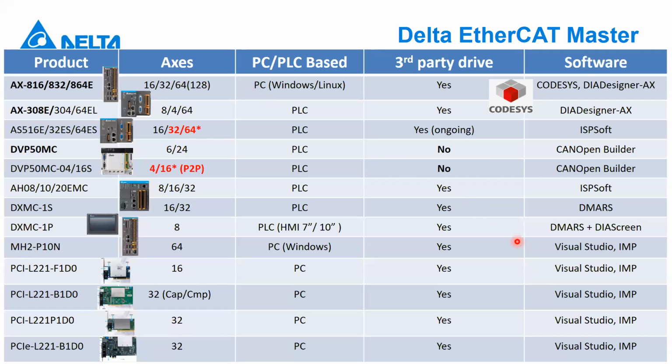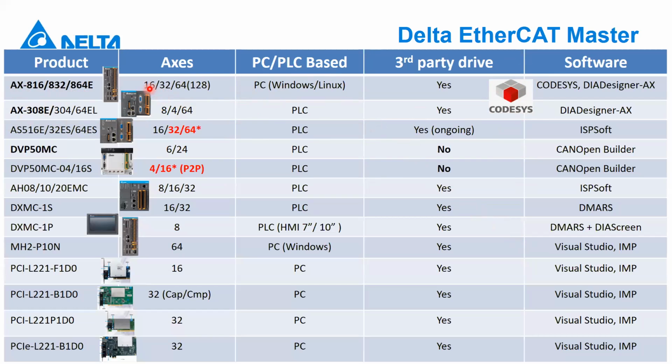Okay, then this page will show you currently what Delta has for the EtherCAT master or controller. What we will talk about today is for the CODESYS. For CODESYS, we actually have two series. You can call it AX8 or AX3. For different models, we have different ASICs.